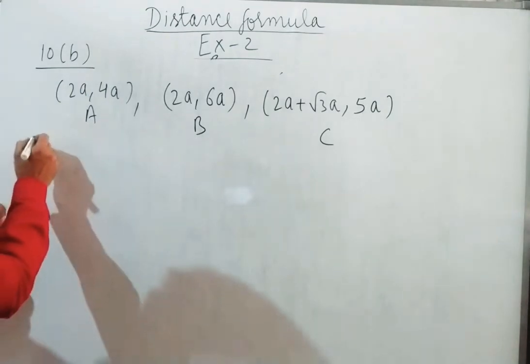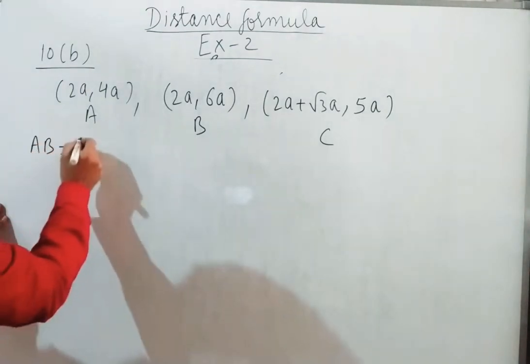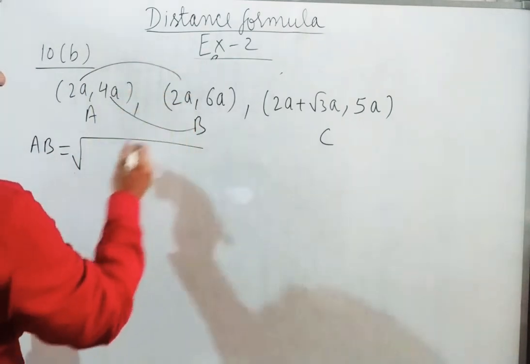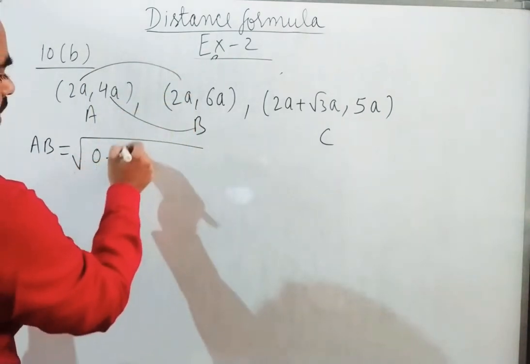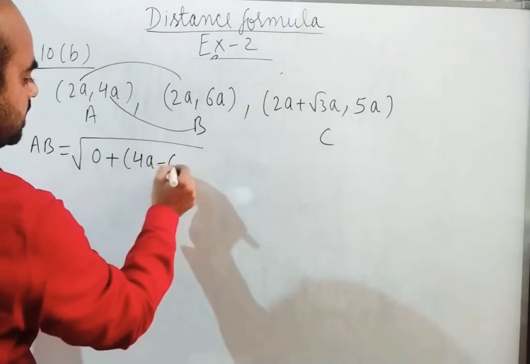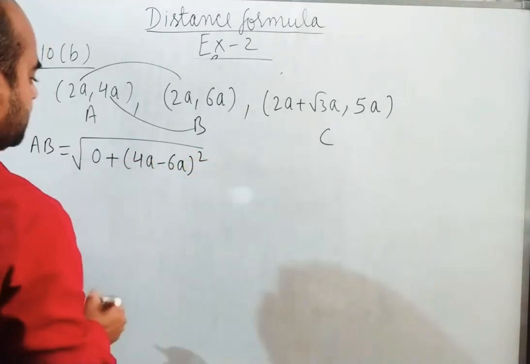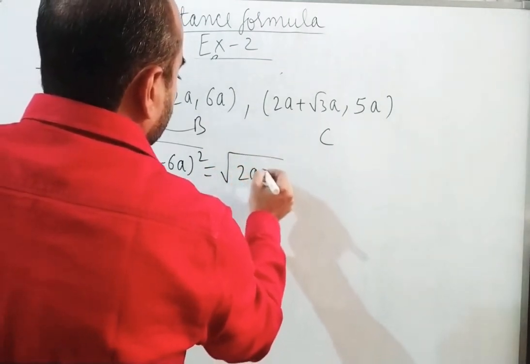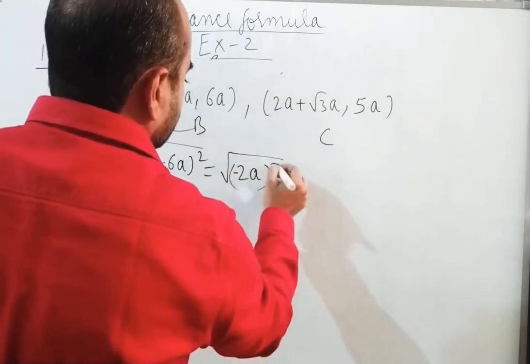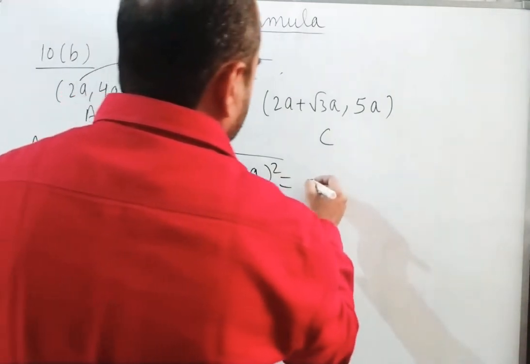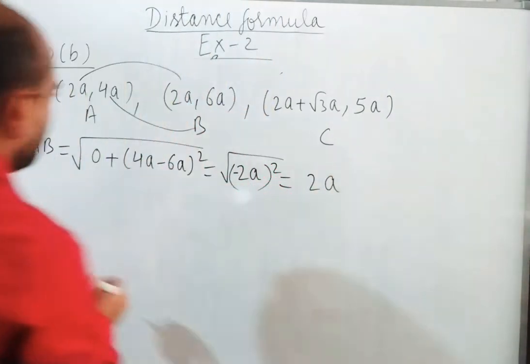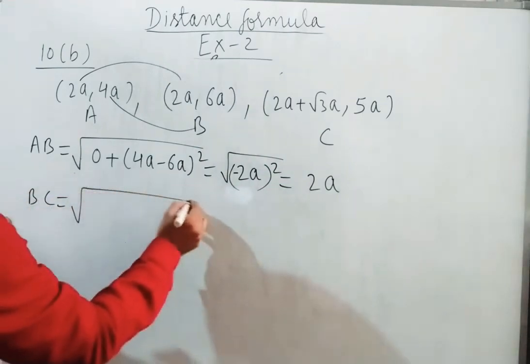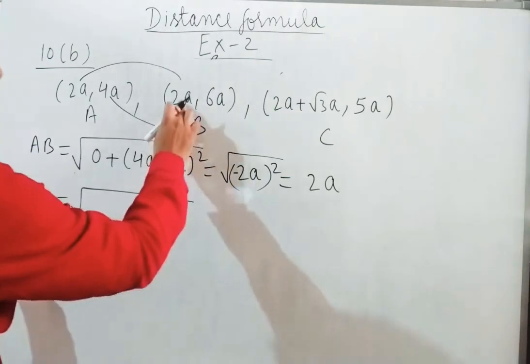First we will calculate AB. So AB is x coordinate 2a minus 2a, 0, y coordinate 4a minus 6a whole square. So that will give 2a whole square finally, so this is 2a. Next is BC. So BC will be again, take the x coordinate difference.